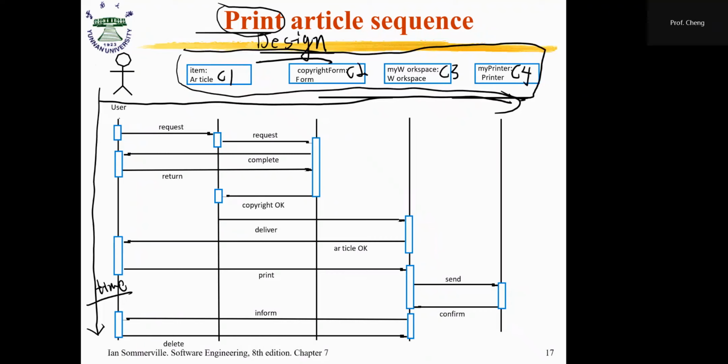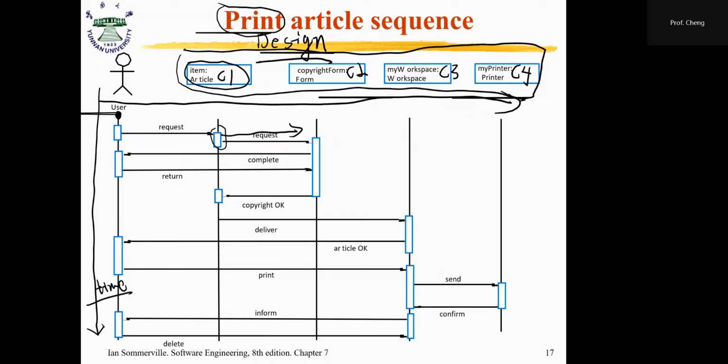So we start from this part, the left top part. We start at the user. The user wants to print something, so it will invoke a request to the article, which article he or she wants to print. Then this article will ask the other component 2, the copyright form, to check whether you can print this article.